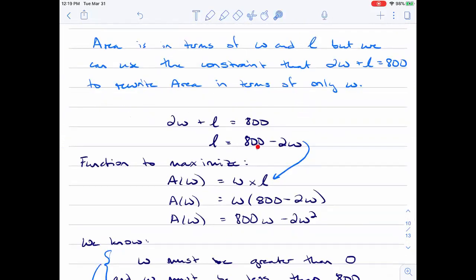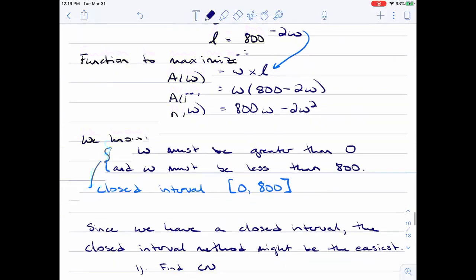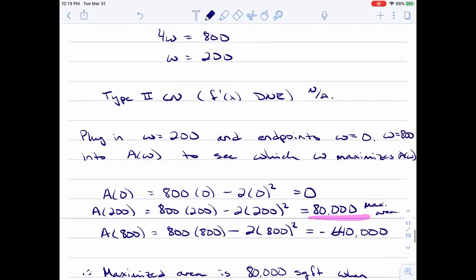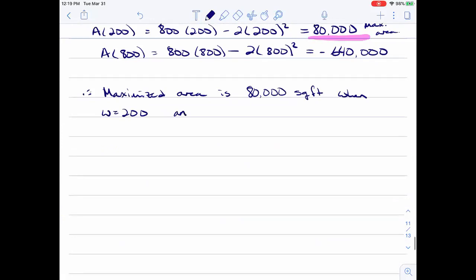The length is 800 minus 2W. So the length must be 800 minus 2 times 200, which is 800 minus 400, which is 400.